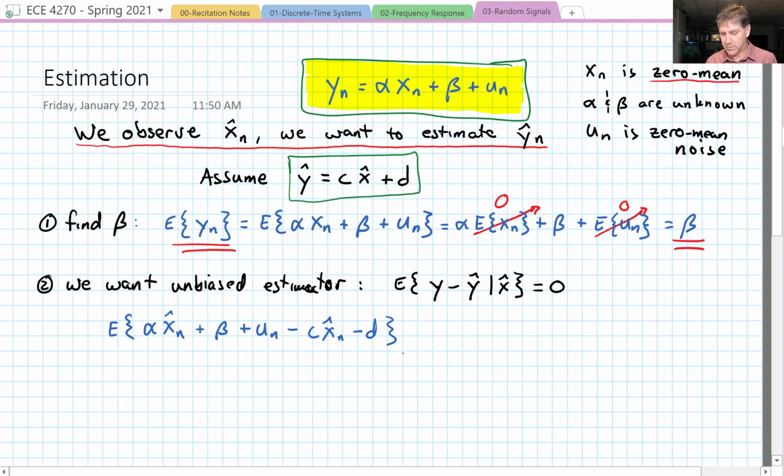We want that to be equal to 0, but let's go ahead and push through this computation.